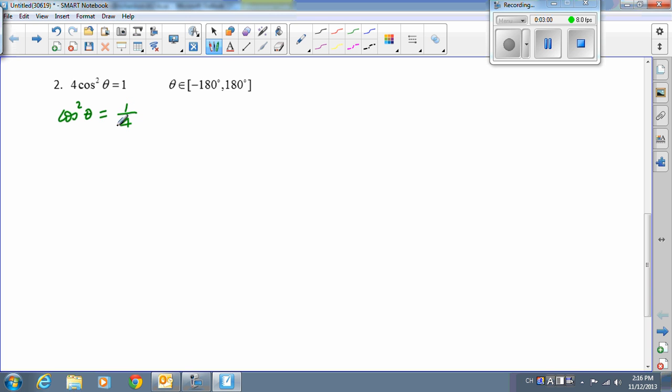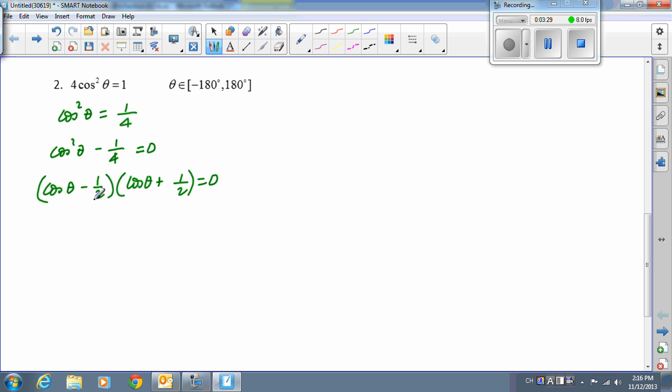Well, I cannot simplify this further, so I will go ahead and move this to the other side to get cosine squared of theta minus 1/4 is equal to 0. Note that this is a difference of 2 squares. So I will say cosine of theta minus 1/2 times cosine of theta plus 1/2 is equal to 0.